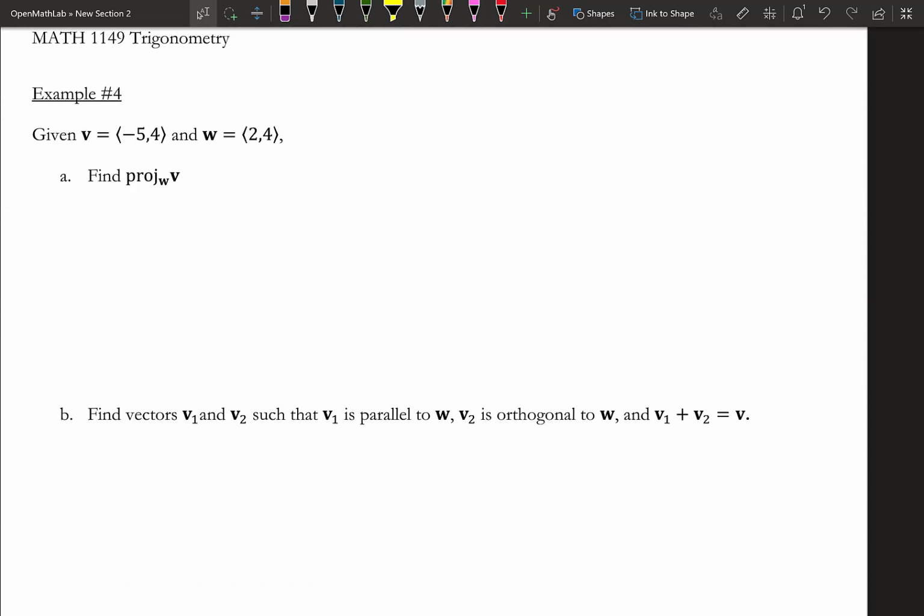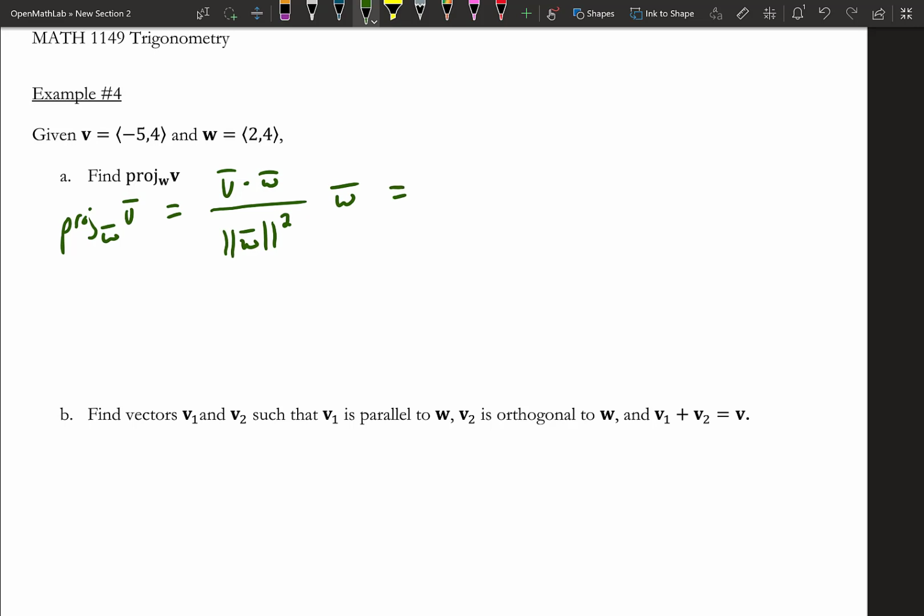So now let's practice using the equation. We're given vectors v and w. In part A, we want to calculate the projection of v onto w. So that's equal to the dot product of v and w divided by the modulus of w squared, times vector w, right?